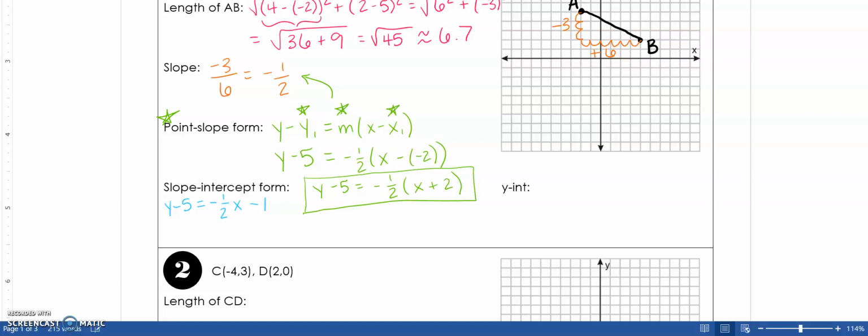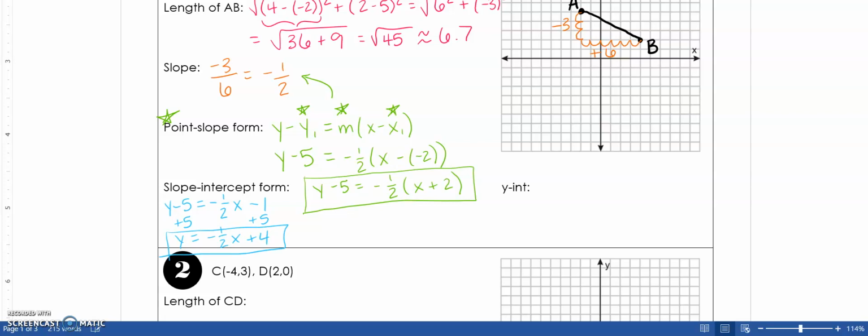Half of 2 is 1, and it becomes a -1. And now to get our y alone, there's only one step left. We want to add 5 to both sides. So we get y equals -1/2 x, and -1 plus 5 is a +4. That is our slope intercept form in that case.